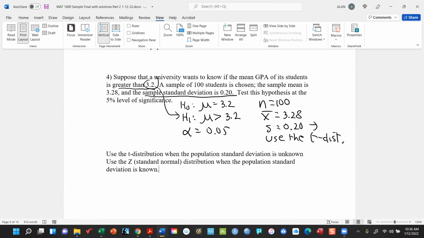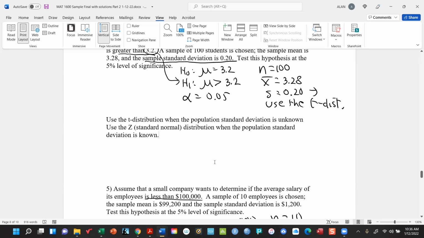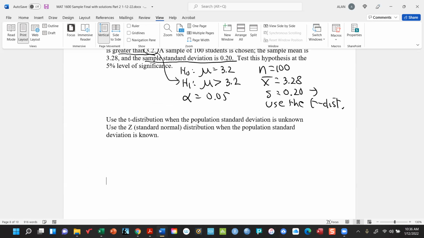So here, the mere fact that they told us that the sample standard deviation is 0.2 tells us that we should use the t-distribution.